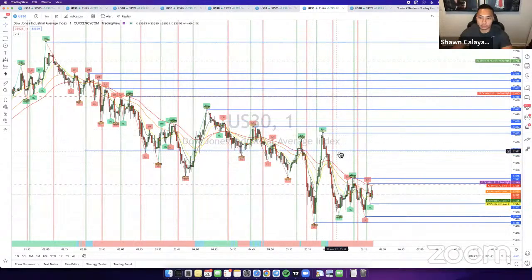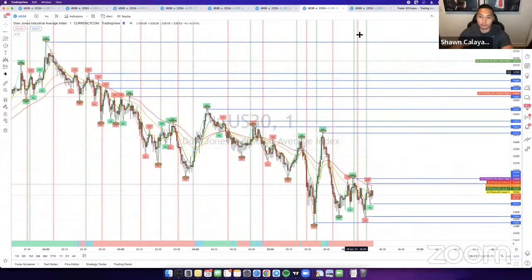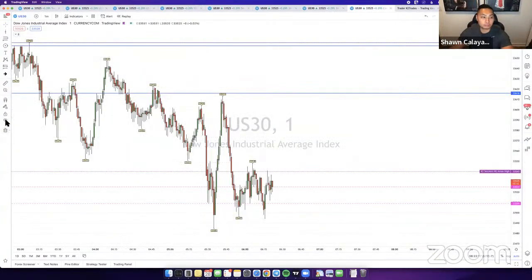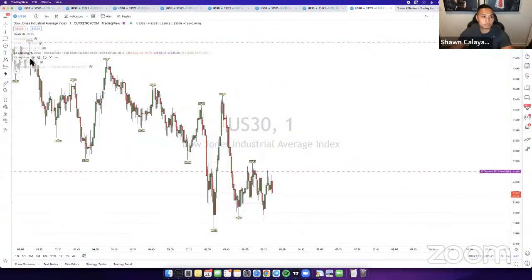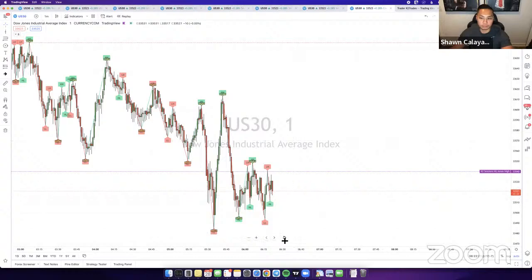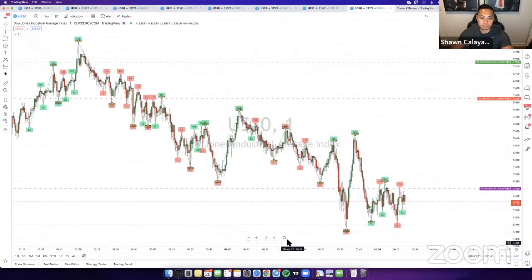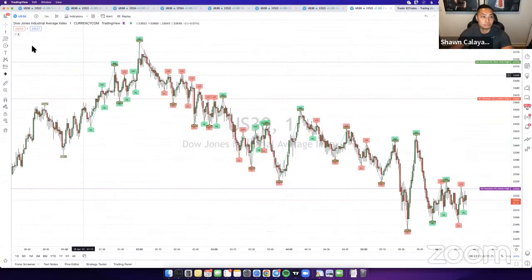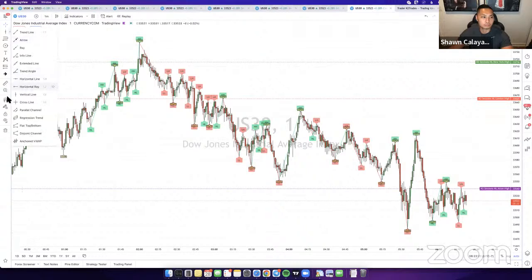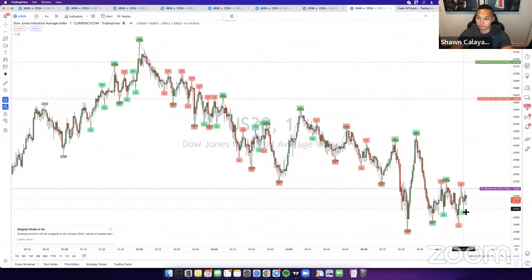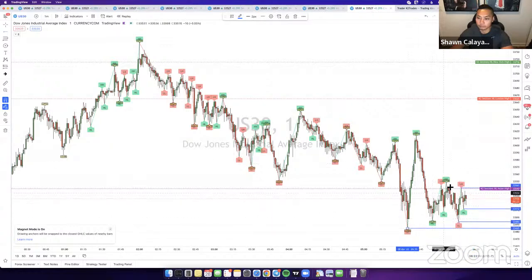I'm going to go ahead and draw the liquidity on the clean chart as well. And I think we should be good.